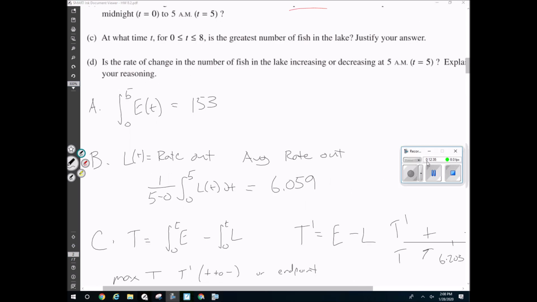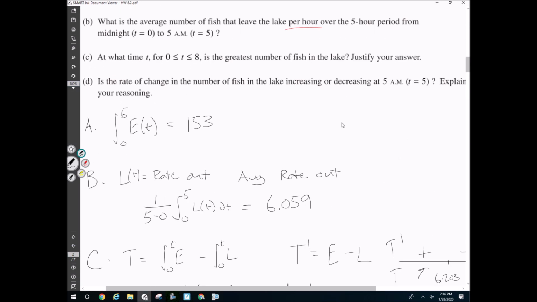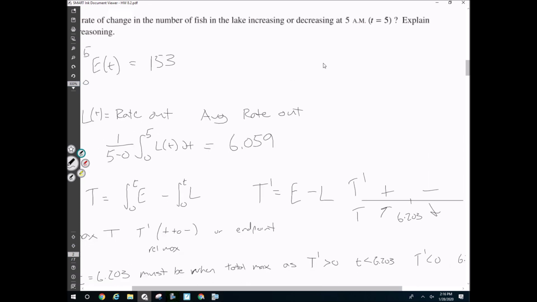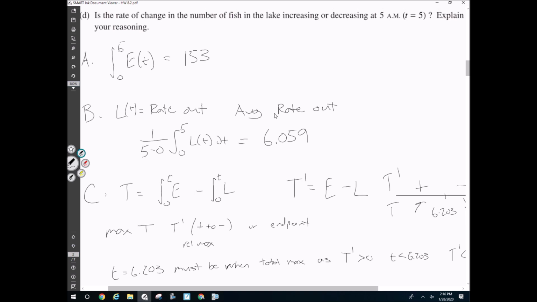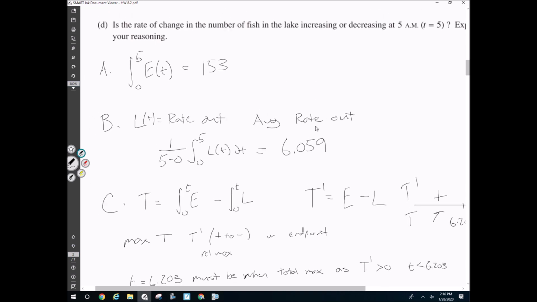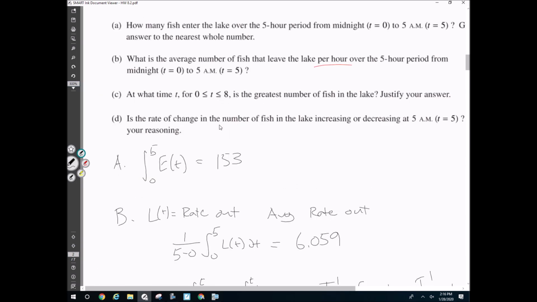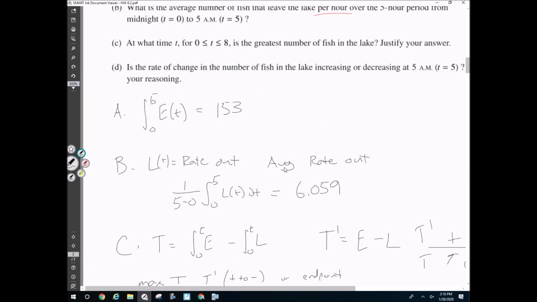Part D. All right, the rate of change in the number of fish increasing or decreasing at T equals 5. So the way they word this is tricky, and they do this more in more recent years. The rate of change increasing or decreasing.